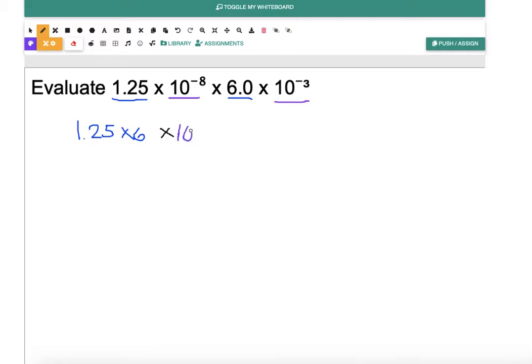So what you have is 10 to the negative 8 times 10 to the negative 3. All right, so from here on out, it's pretty much a straight shot. What you get is the following.